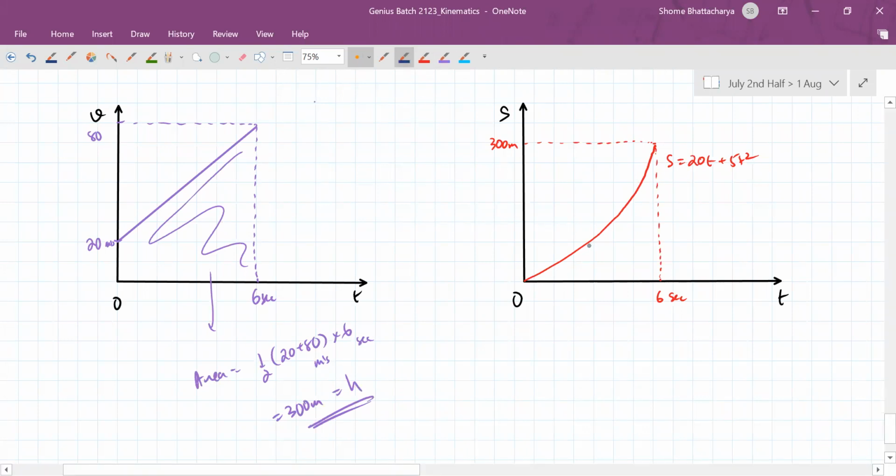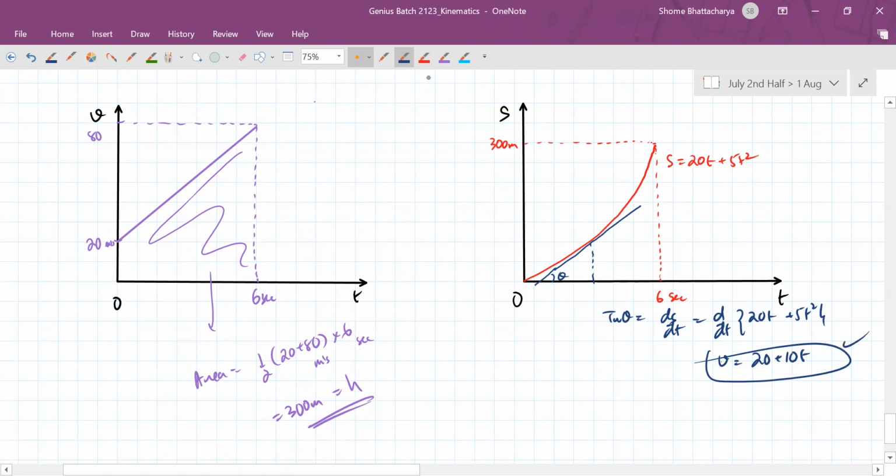Whereas at any arbitrary instant here, if you calculate the slope of the tangent, it should give you the instantaneous velocity. I mean, these are obvious things. We don't require this for this question. You can see it's 20 plus 10t. So that is a relation between these two graphs. This one's area is that one, and that one's slope is this one.